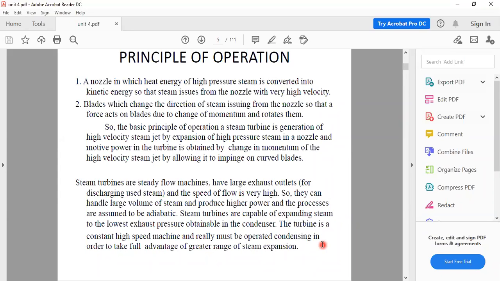Steam turbines are capable of expanding steam to the lowest exhaust pressure obtainable in the condenser. The turbine is a constant high-speed machine and really must be operated condensing in order to take full advantage of the greater range of steam expansion.